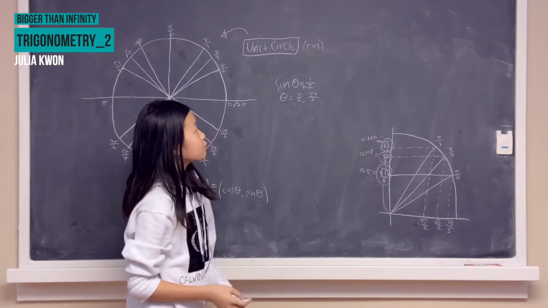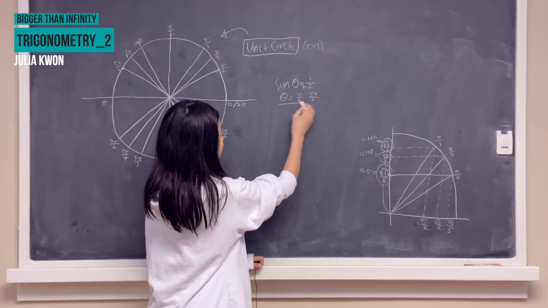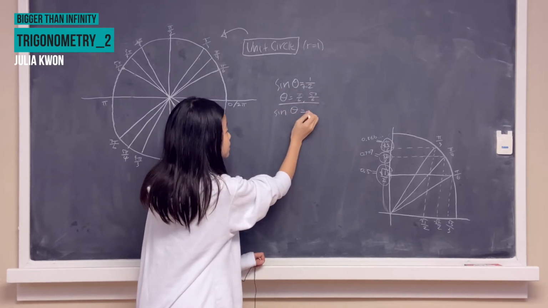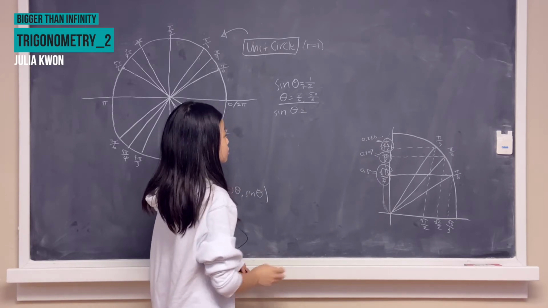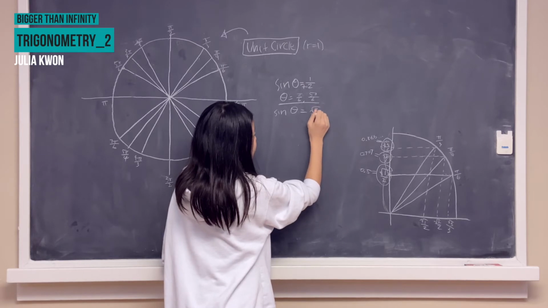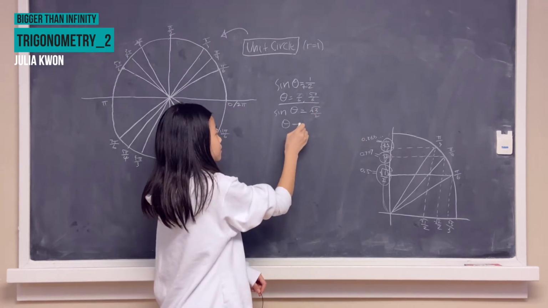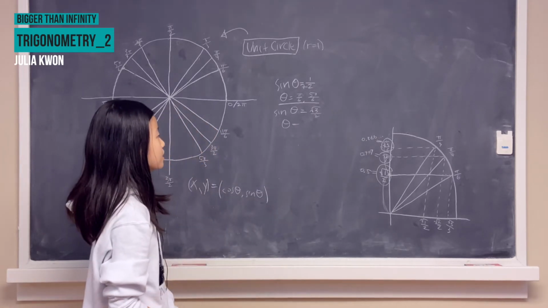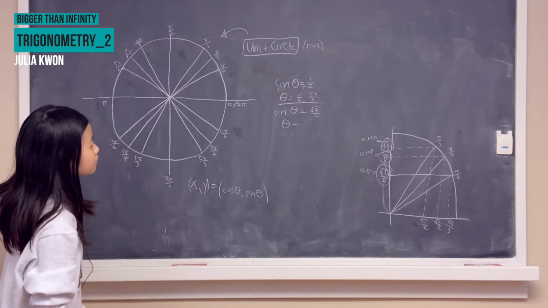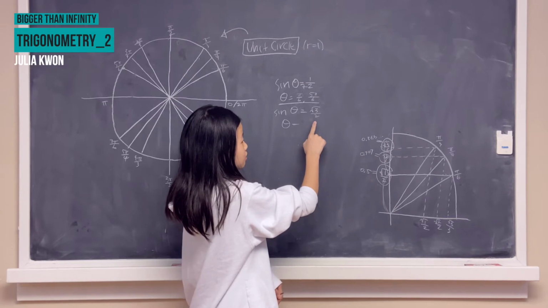So now, since we have found the 2 radians for our first example, I would like to move on to another one. So sine theta is equal to, let's say, square root of 3 over 2. And again, there are 2 answers for theta. So when does sine theta equal square root of 3 over 2?